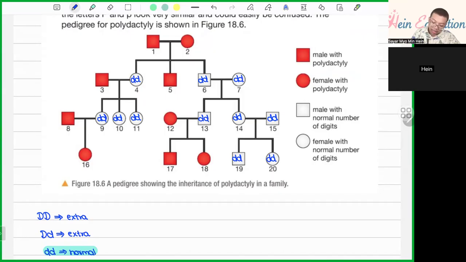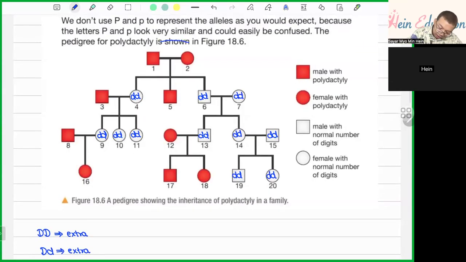Now let's look at the first generation. Persons 1 and 2 have the condition, so of course they will have capital D for sure. But their offspring, individuals 4 and 6, are small d, small d, meaning they are normal, with a normal number of digits.